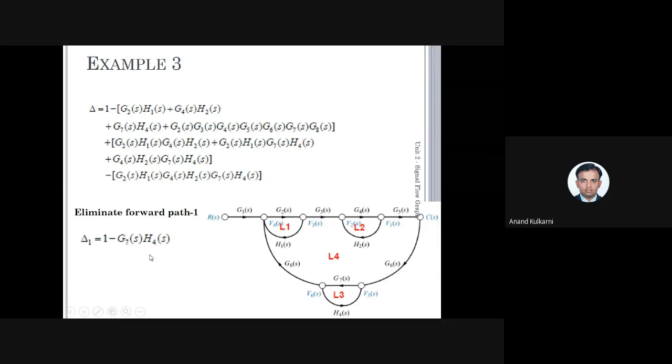So the P1 numerator will be G1, G2, G3, G4, G5 into this delta 1, divided by this value.